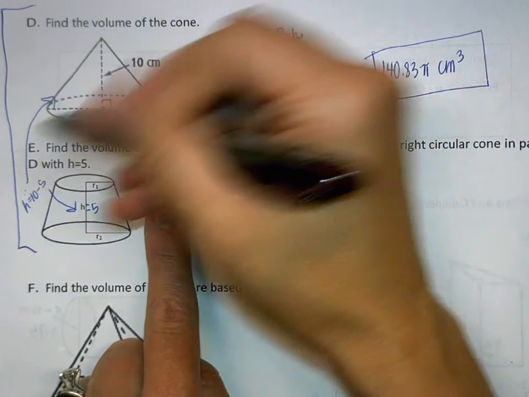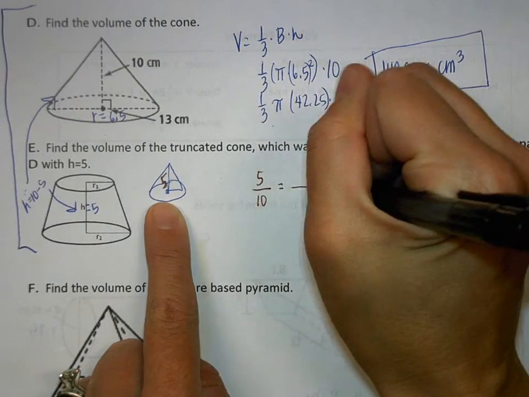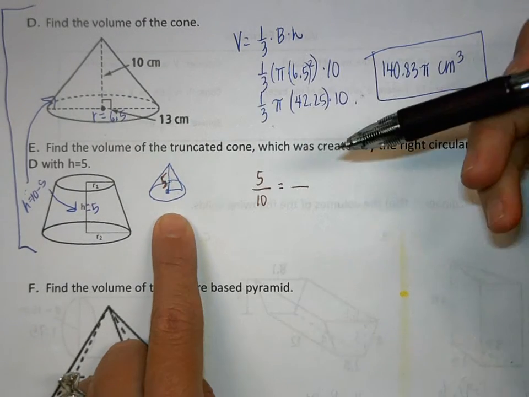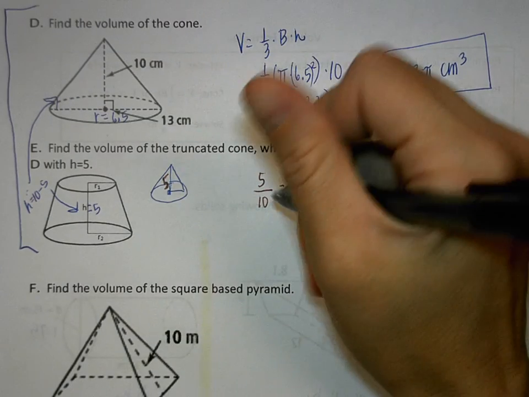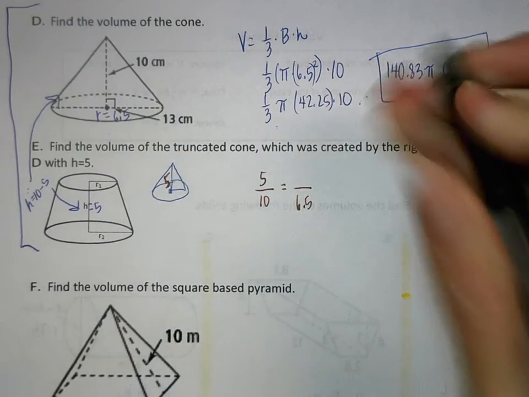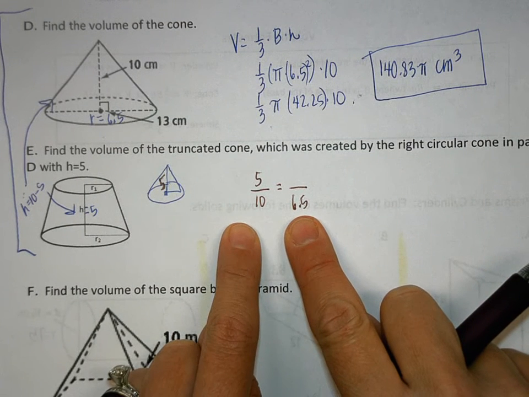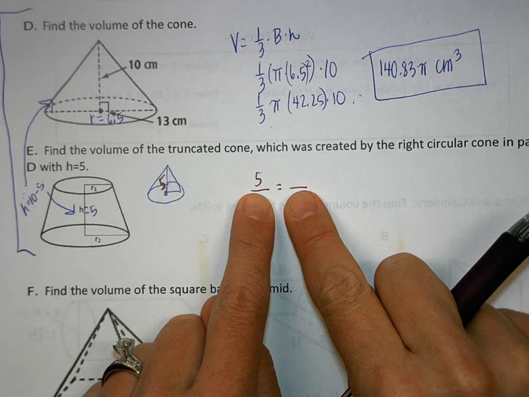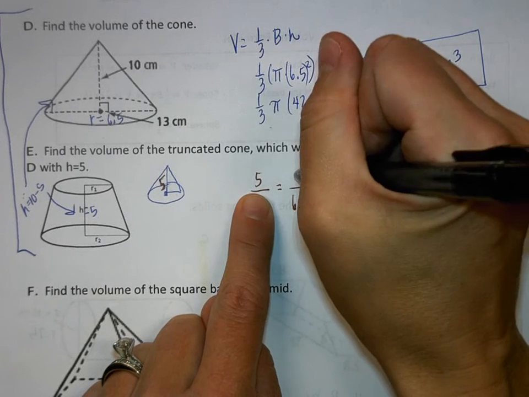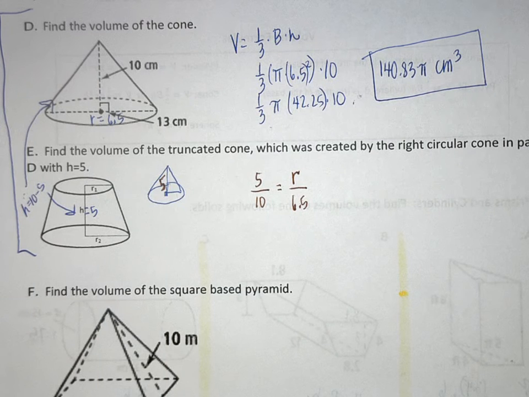We know this radius, correct? And so for finding the radius, where would I put the 6.5? On the bottom. Very good. We put 6.5 on the bottom because the 6.5 radius goes with the 10 height. And then do I know what the radius is for the 5 height? No. And so we can just put R or X or whatever you want to do. I'm going to put R since that's what we're actually solving for.